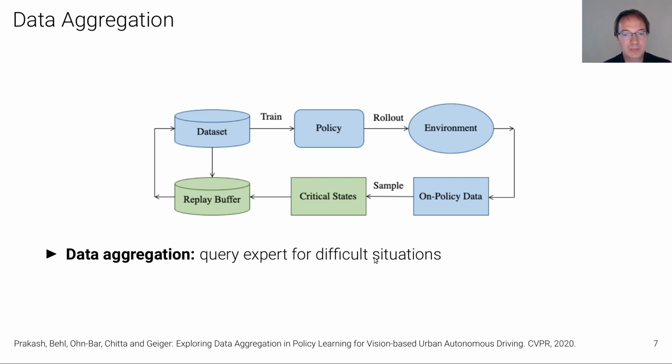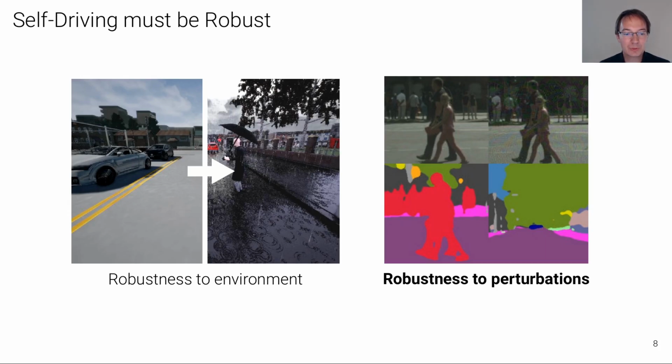We show that if you sample the environment more cleverly, you can actually obtain an agent with significantly improved performance.